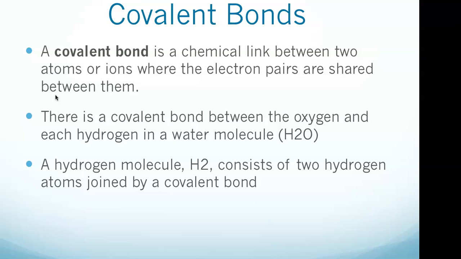A covalent bond is a chemical link between 2 atoms or ions where the electron pairs are shared between them. A covalent bond may also be a term for a molecular bond. Covalent bonds form between 2 nonmetal atoms with identical or relatively close electronegativity values.